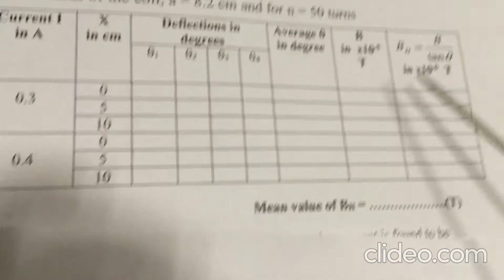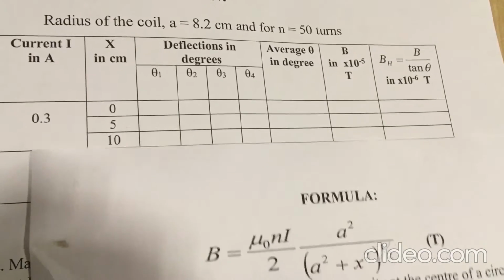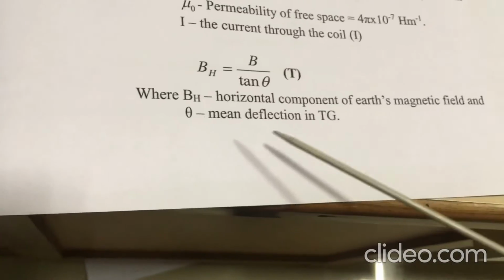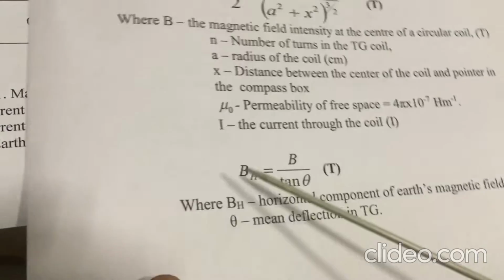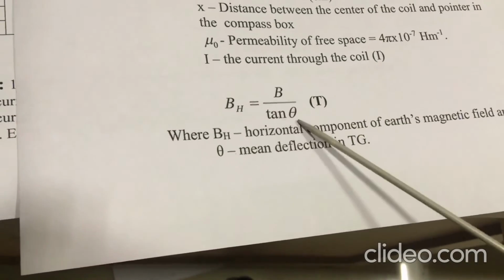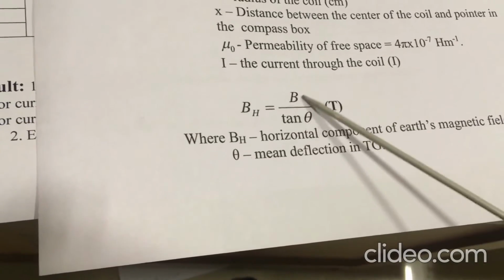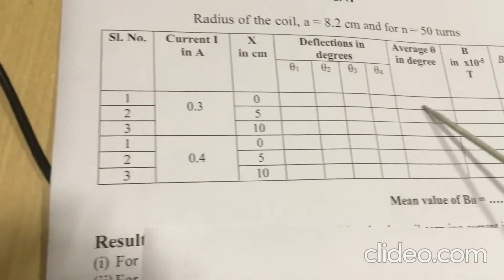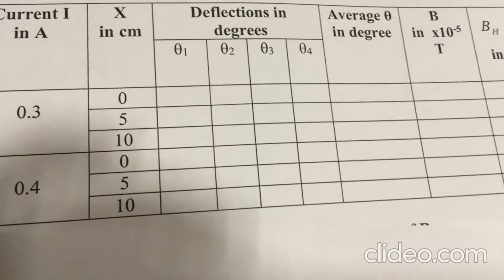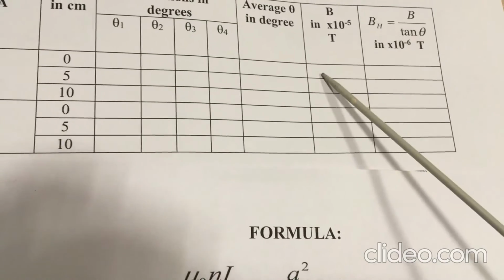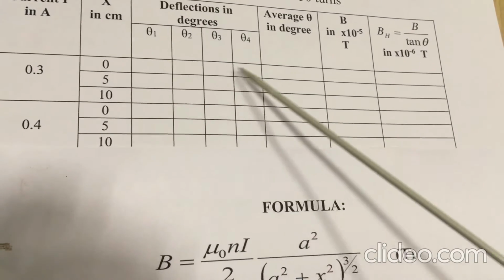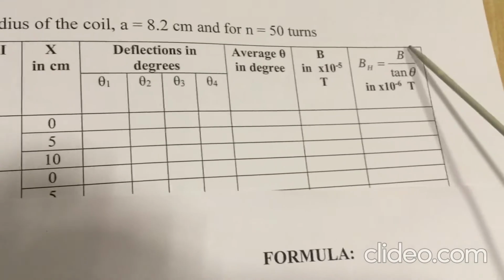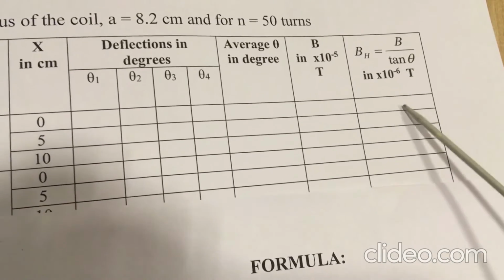Now we can calculate the Earth's horizontal magnetic field using the formula BH is equal to B by tan theta. Here B is already determined and theta we already calculated. For example, for x is equal to 0, we have theta and B, substitute here and we get the BH value.